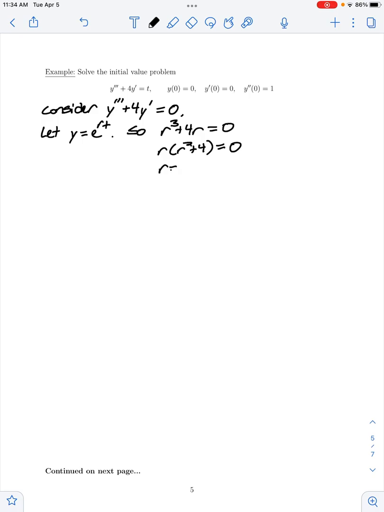And so I find that my roots are 0 or plus or minus 2i. So my homogeneous solution has the form c1 plus c2 cosine of 2t plus c3 sine of 2t.